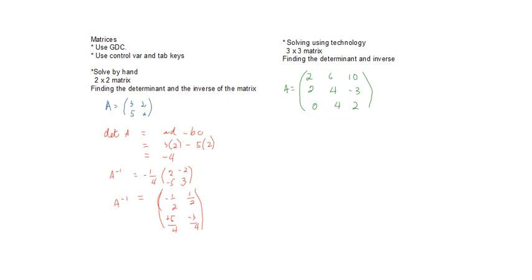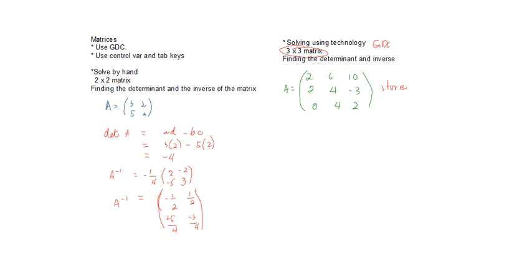Now in solving a 3 by 3 matrix, you are not going to show the manual calculation of this. Instead, you will be using your GDC. You can store this data, because sometimes you might need this matrix again in succeeding solutions.